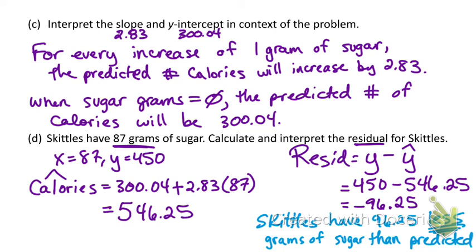Ah, then you have the voice of reason. So, if we say Skittles have 96.25 less than predicted, but what else is there? Or maybe the other stuff is messing this up, I don't know. Eat Skittles, it's fine. It'll be fine.